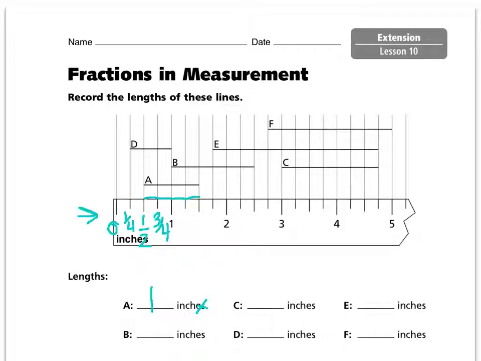Letter B, count how many there are. And it looks like I have 1, 2, 3, 4, 5, 6. 6/4.